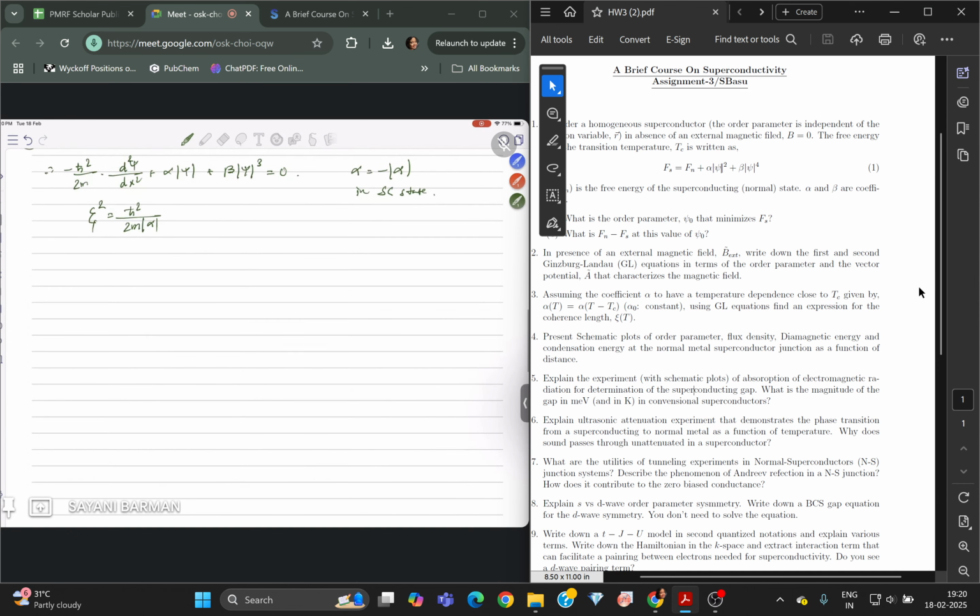You can assume that this whole term means b by alpha, or alpha psi square, taking this as f square. Then the equation would be double derivative minus f plus f cube equals 0.